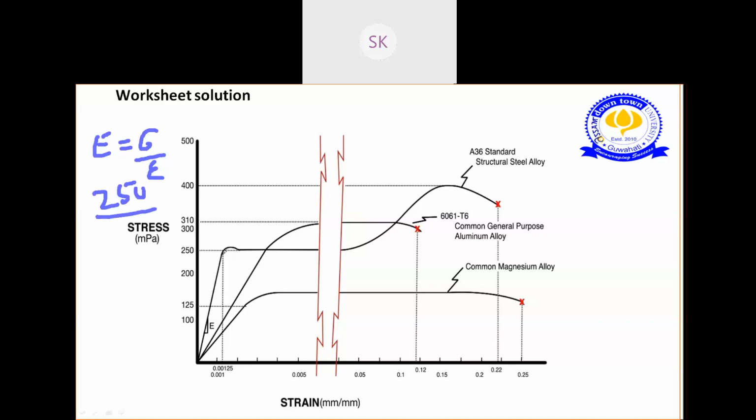And what is our strain? If you draw this in the graph, you will get this value. So this is my strain, which is 0.00125. How much will I get? Calculate. It will be 250 divided by 0.00125, so it will be 2 lakh, right? What answer?